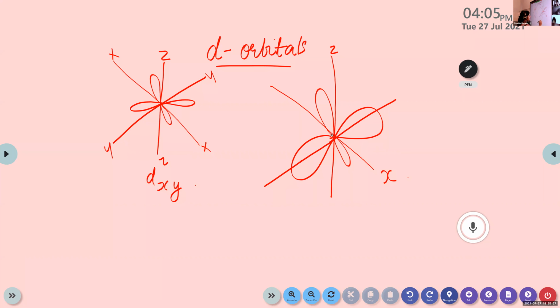Then the next one is dxz. You can draw it neatly, okay? First one is dxy and the second one is dxz.